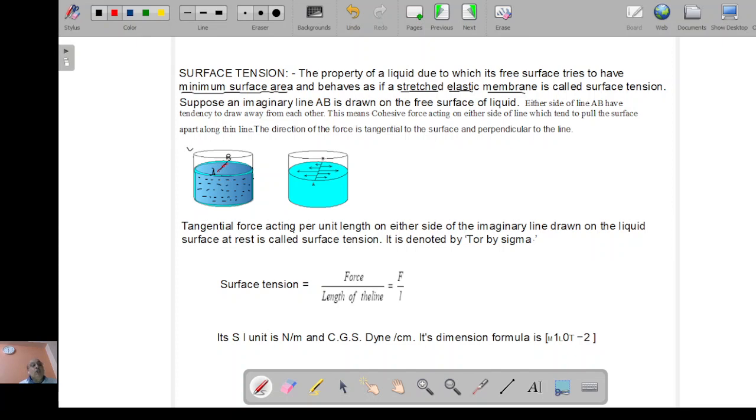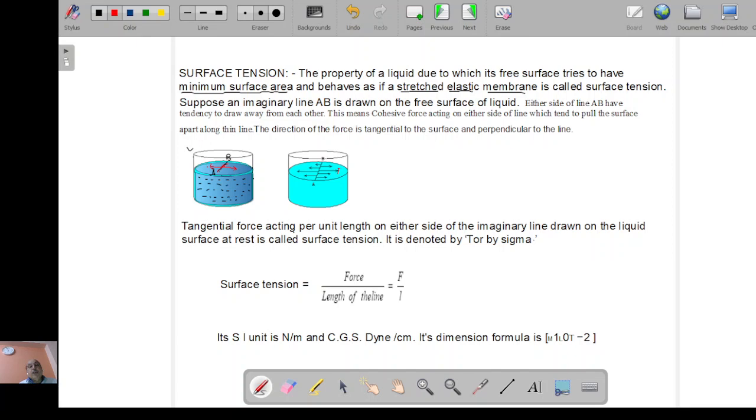The molecules nearby, either on the left side or the right side, will attract these. The molecules of the line AB are attracted by the left side molecules as well as the right side molecules. So on either side of the line AB there is a tendency to draw away from each other.